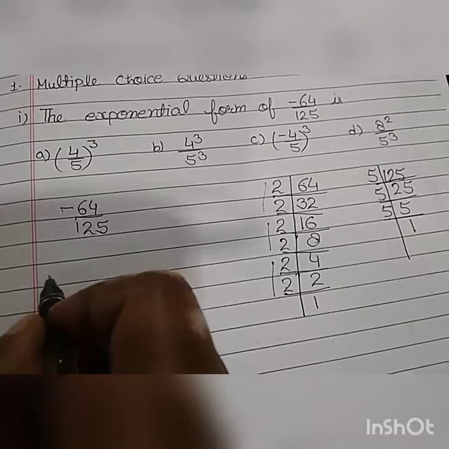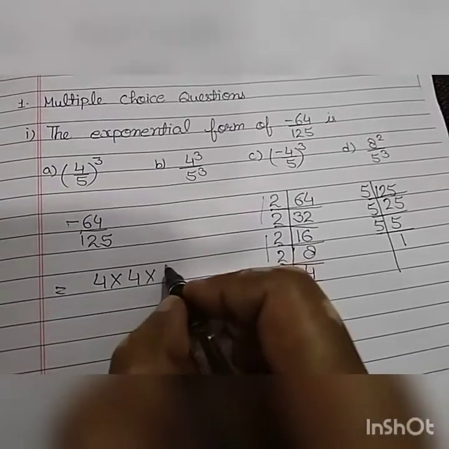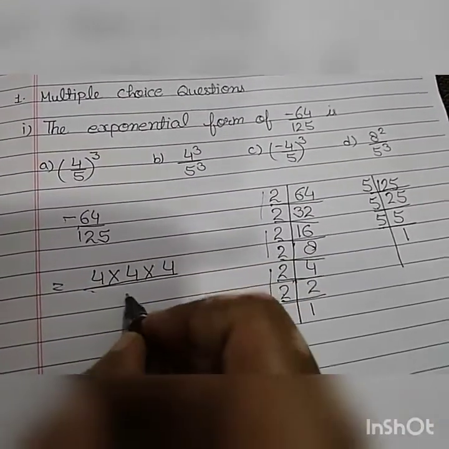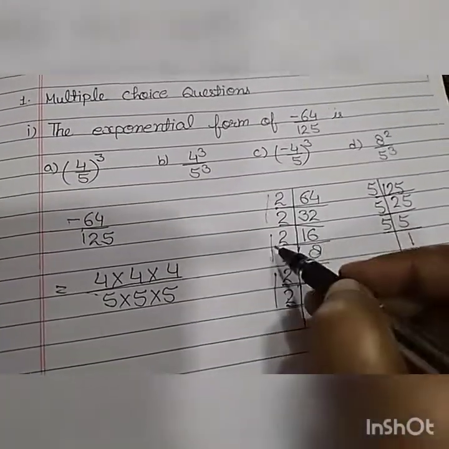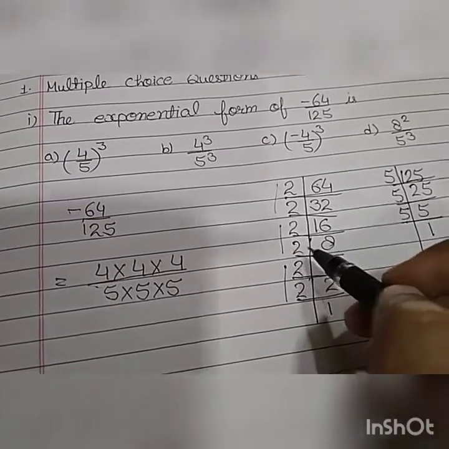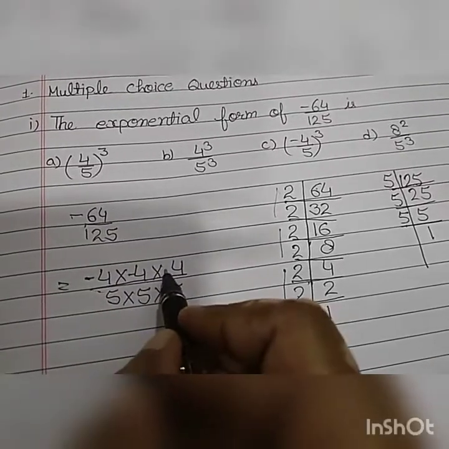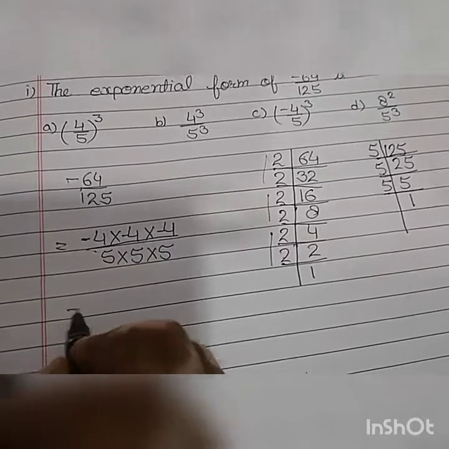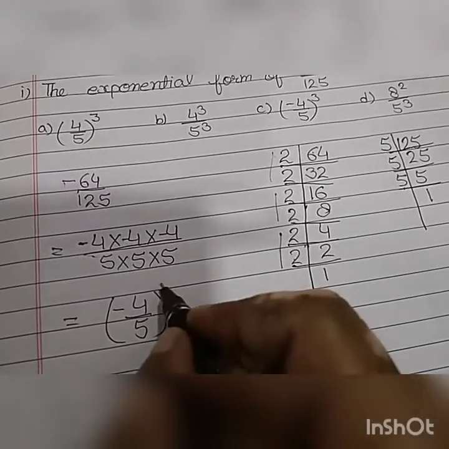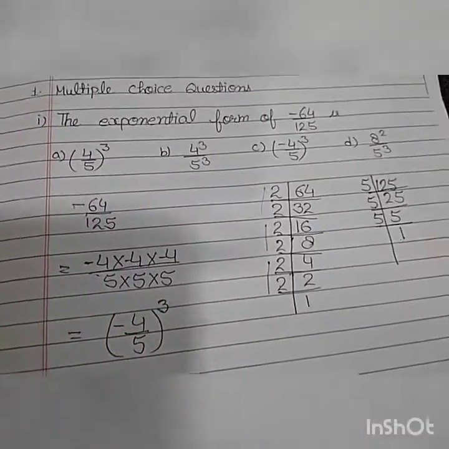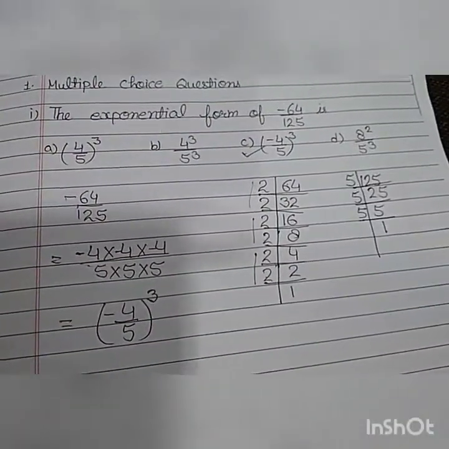Now we will write 4 into 4 into 4 upon 5 into 5 into 5. We have to convert these numbers in same power or exponent. And here minus is given, so we will write minus, minus and minus. Now we can write minus 4 upon 5 is repeating 3 times, so we will write power 3. And answer is correct, C minus 4 upon 5 power 3.